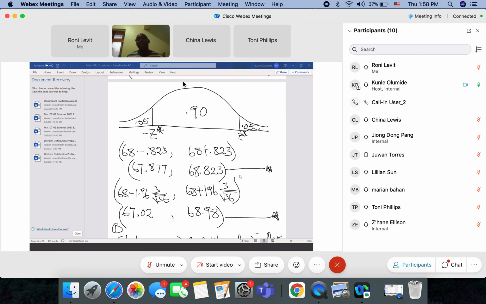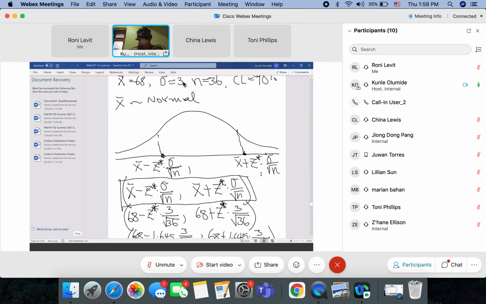And what does that mean? That means that because we were doing a 90% confidence interval, 90 out of 100 times, the actual, I think, what was this again?